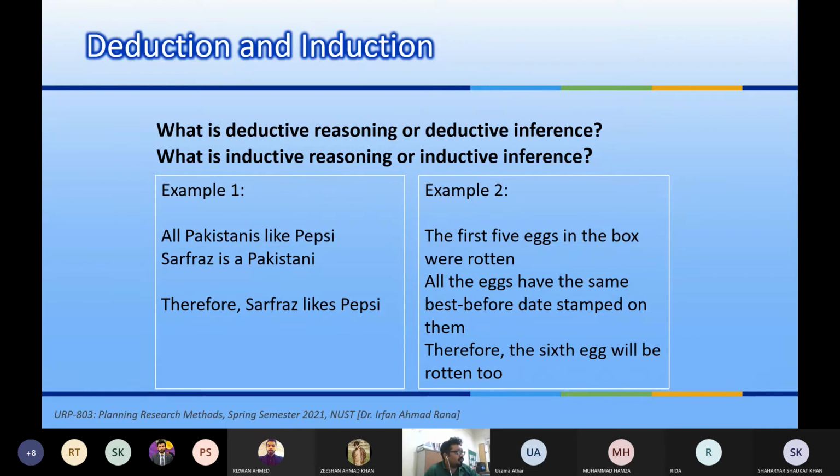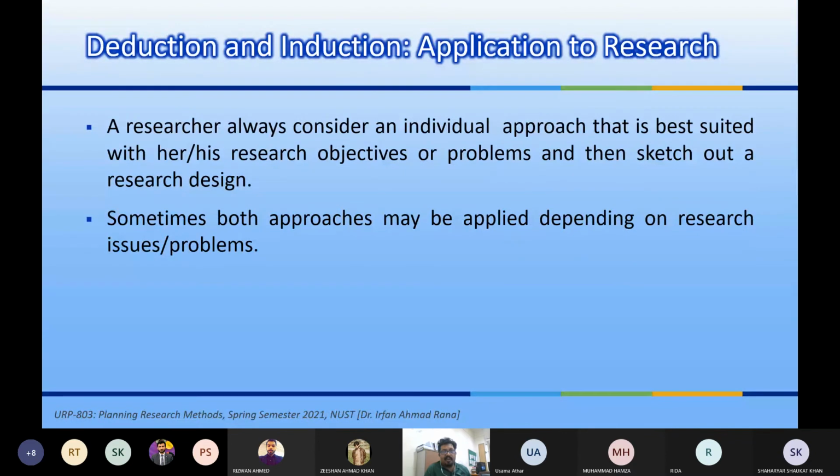So this is another two examples of inductive and deductive. So hopefully, if I give you some kind of hypothesis or type of research, maybe you can guess whether this research employs a deductive approach or an inductive approach.